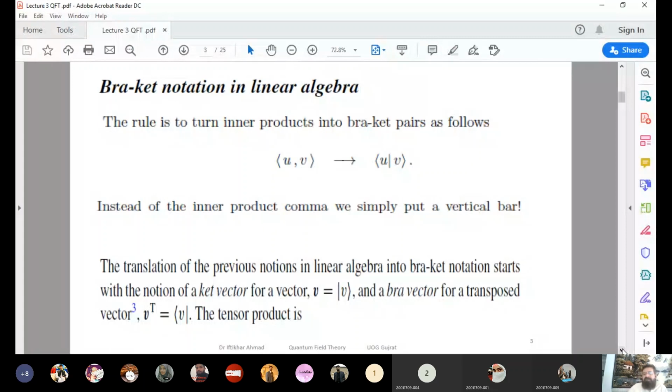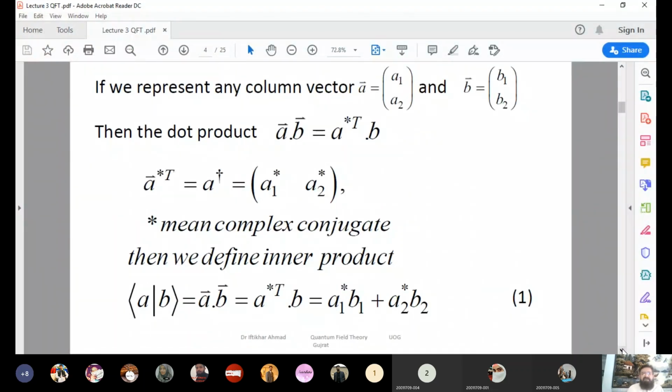So how can we write the inner product? First of all, I will give you an example. Suppose we represent column vectors A equal to A1, A2, and B equal to B1, B2. Then the dot product A dot B, which is actually the inner product, is equal to A star transpose dot B. A star transpose is also represented as A dagger.